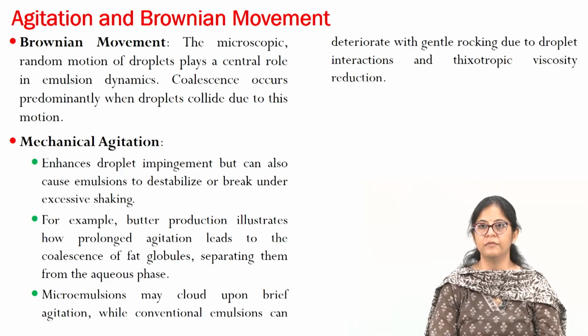For example, butter production illustrates how prolonged agitation leads to the coalescence of fat globules, separating them from the aqueous phase. Microemulsions may cloud upon brief agitation, while conventional emulsions can deteriorate with gentle rocking due to droplet interactions and thixotropic viscosity reduction.